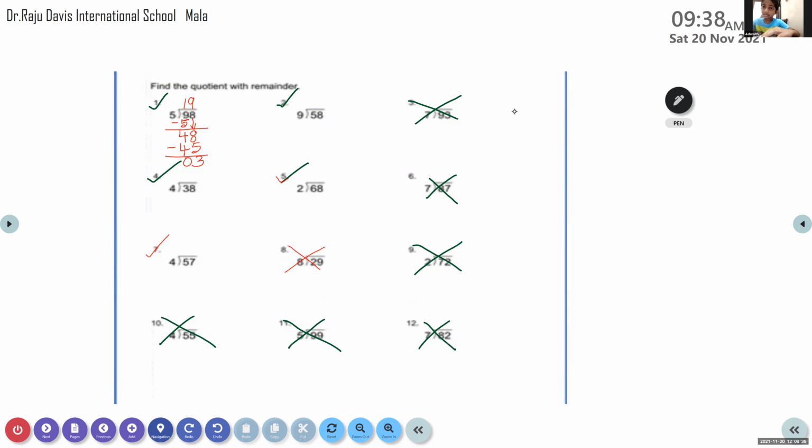Okay, compared 5 and 9, you got 5 lesser than 9. The dividend is lesser than the divisor. Then what is to be done? The next thing to be done.